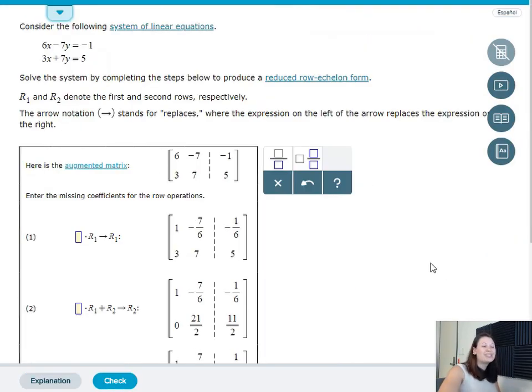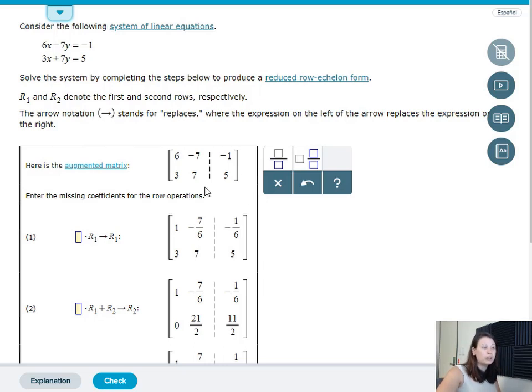Okay, so this is almost exactly like that other example we did. We're just trying to figure out what changed from one to the other. So here's where we start, the augmented matrix. Okay, augmented just means these are the coefficients of the variables. This is the answers to each equation.